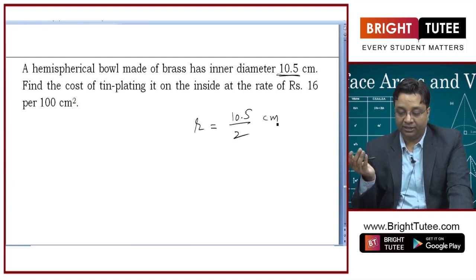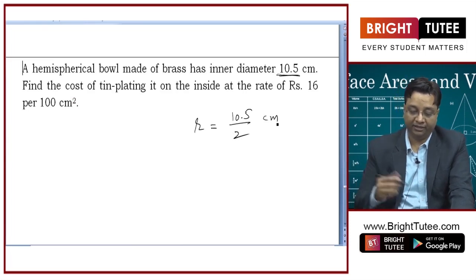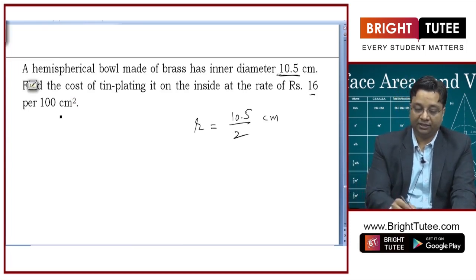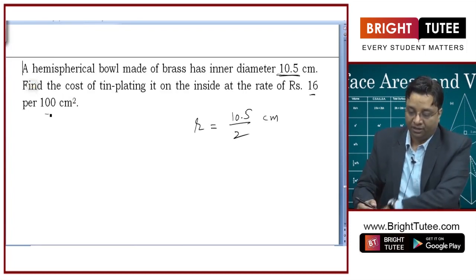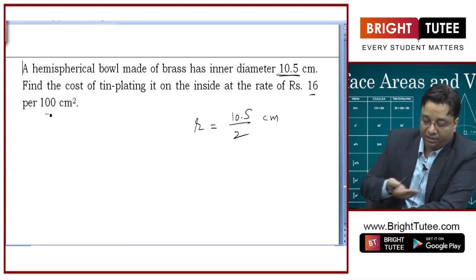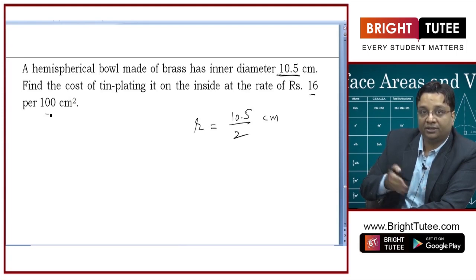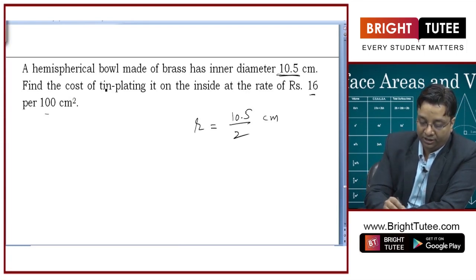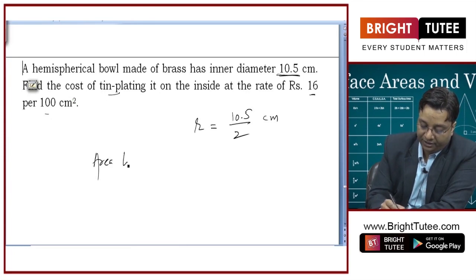So the only challenge in this question is to find the area in centimeter square and then multiplying it with 16 by 100, right? So let's do it, because we need to calculate only the curved surface area, right?